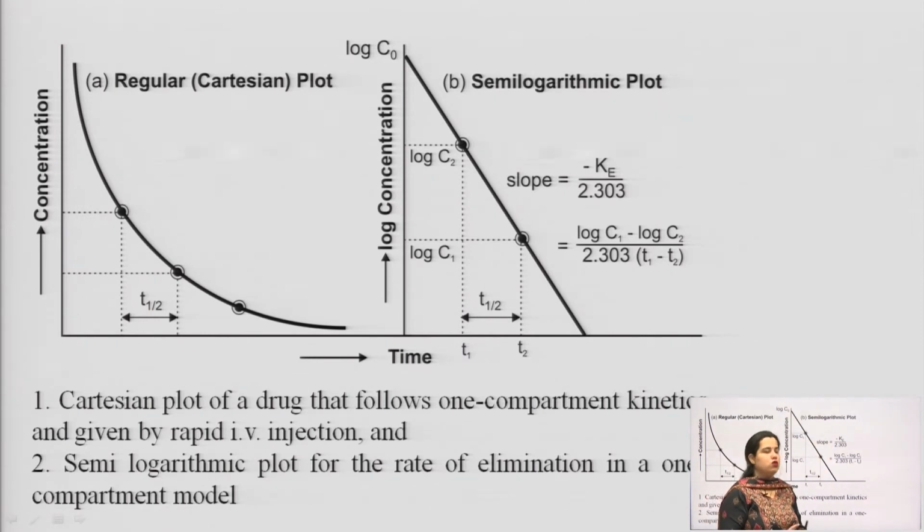The slope value is this, and using this equation we can calculate the drug amount present in the system. First is the Cartesian plot of a drug that follows one compartment kinetics given by rapid IV injection, whereas the semi logarithmic plot shows the rate of elimination in the one compartment model. Generally, for identifying the rate of elimination we use this plot.